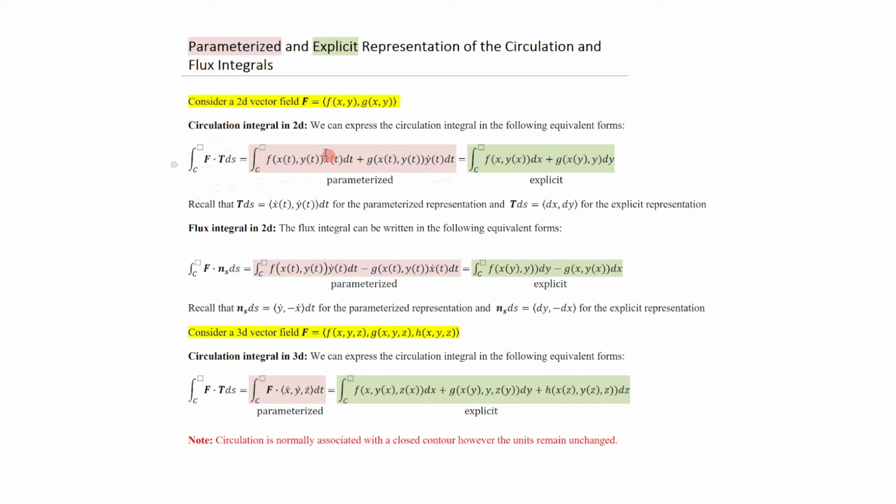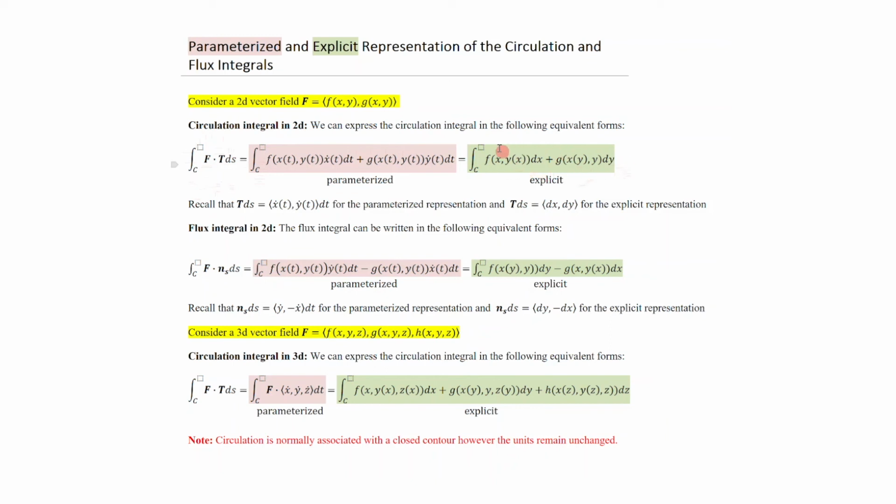If you put in an explicit form, then dx/dt dt becomes dx, and dy/dt dt becomes dy. But now we're using the parametrization variable x, so this becomes x and this becomes y of x for f, and for g it becomes x of y and y. Since we're integrating with respect to y, we have to express everything in terms of the function y. Here we're expressing an integral over dx, so everything's in terms of x.